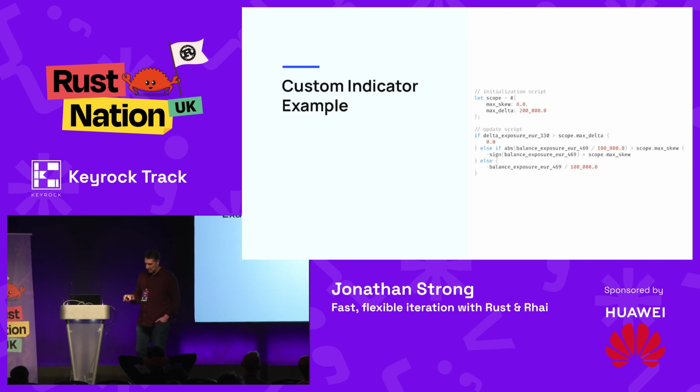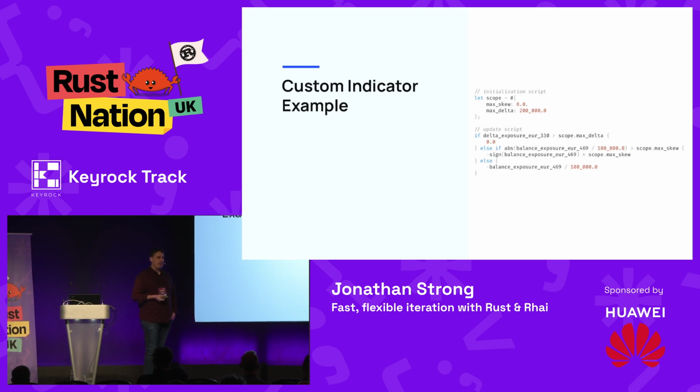One way is manually adding it to a type called Scope that is part of the execution environment of the script. Another way is something called a variable resolver, where you tell Rhai, when you get to a variable that you don't know, come to this object which implements some trait, and it will tell you how to get that value. So those names, like delta exposure EUR 330, refer to another indicator.